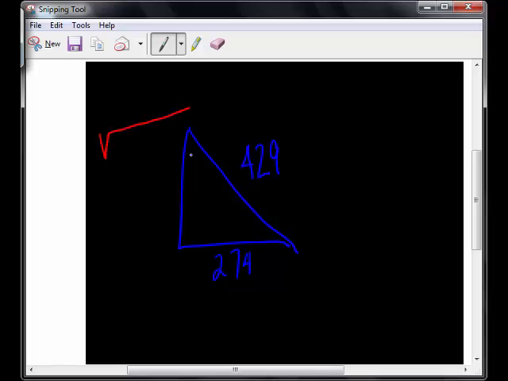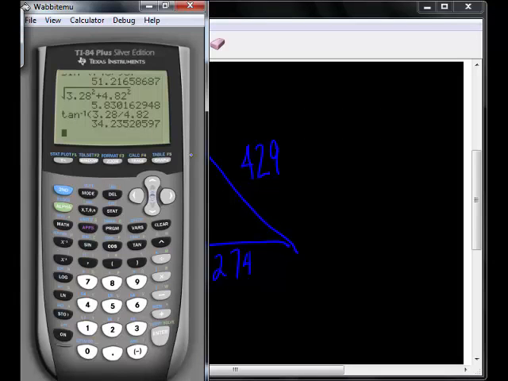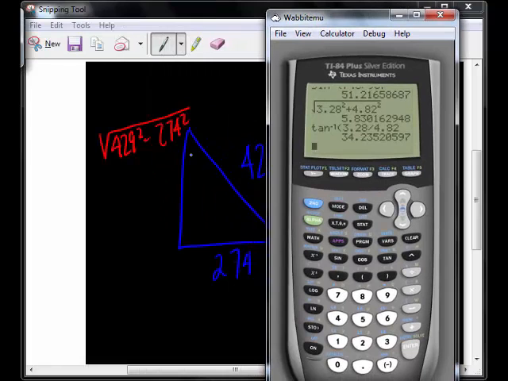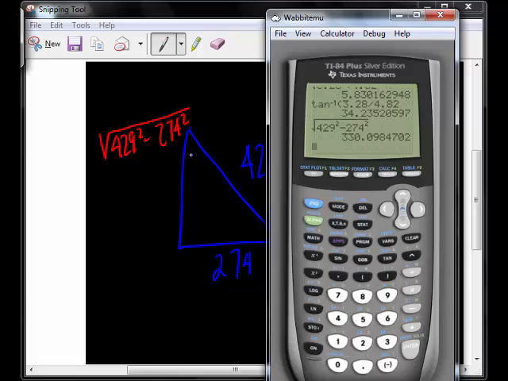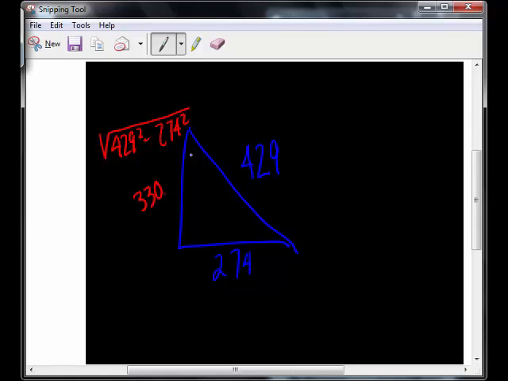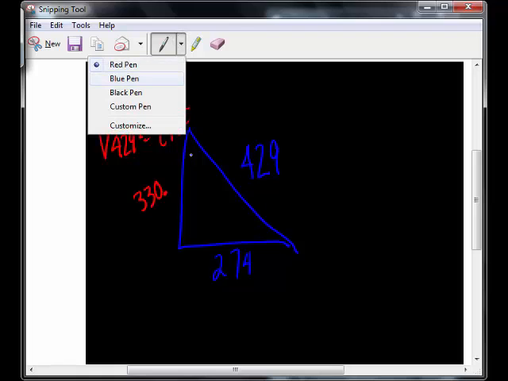Square root 429 squared minus 274 squared. So 330 point. There's our 3 sig digs there.